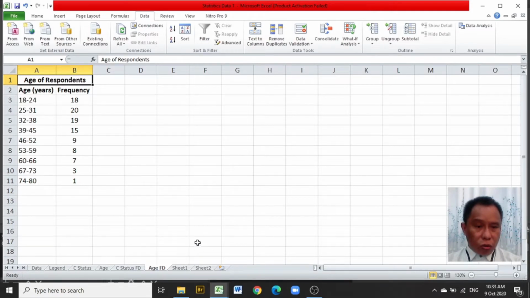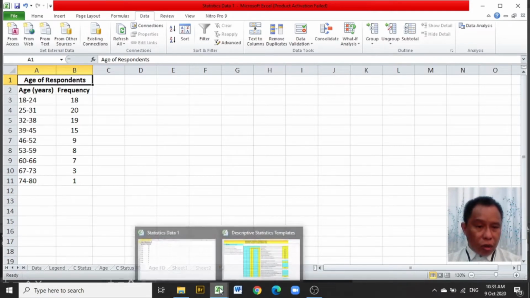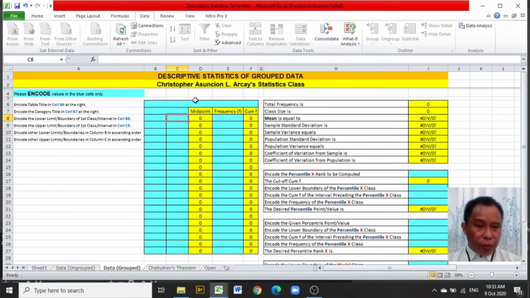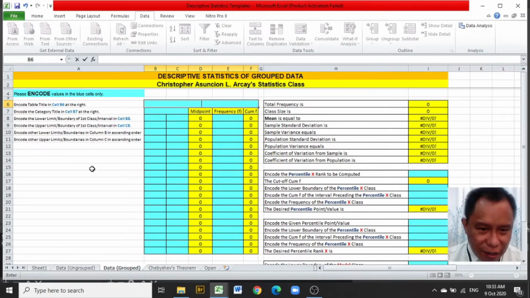In order to copy or encode the values in the template, let's proceed back to that template. And since the table title is encoded in B6, click at B6 and encode the title, age of respondents.